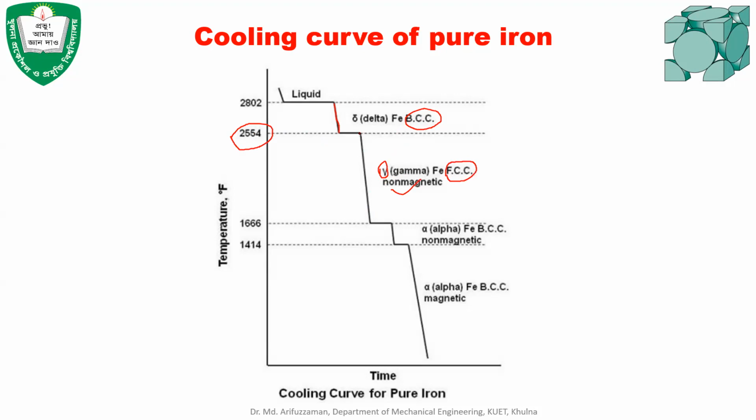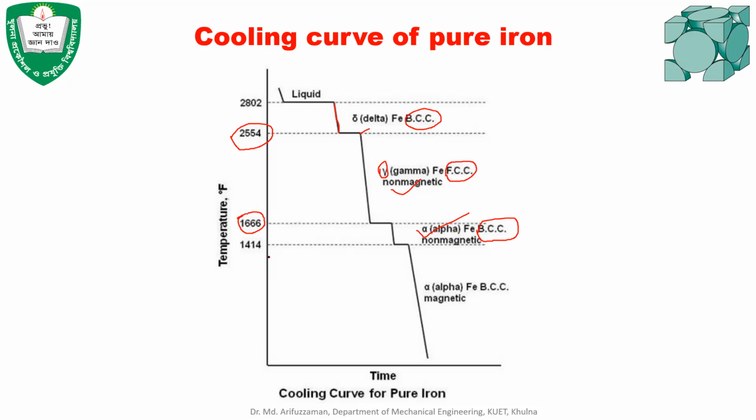Once the conversion is complete, the temperature starts to drop again. And at 1666 degree Fahrenheit, that gamma iron face-centered cubic structure transforms into body-centered cubic structure again, which is called alpha iron. And this alpha iron is still non-magnetic.